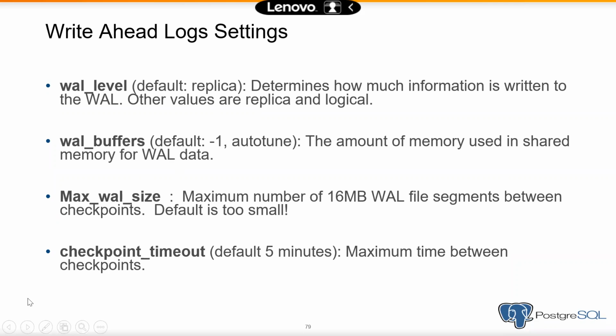WAL buffer is the area which stores the transaction logs. When you do a begin, insert, update, delete, from shared memory it writes to the WAL buffer. That is nothing but WAL buffers. It is basically used for storing the transaction logs.